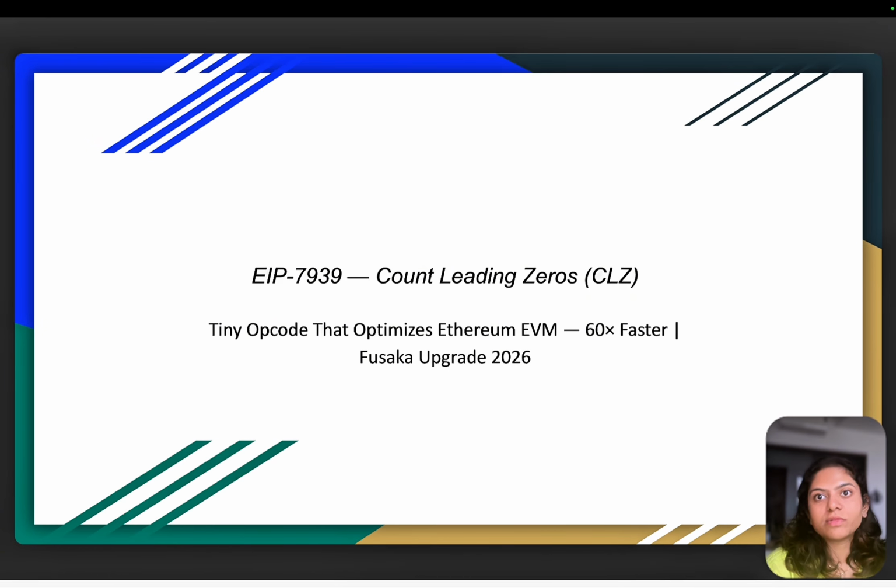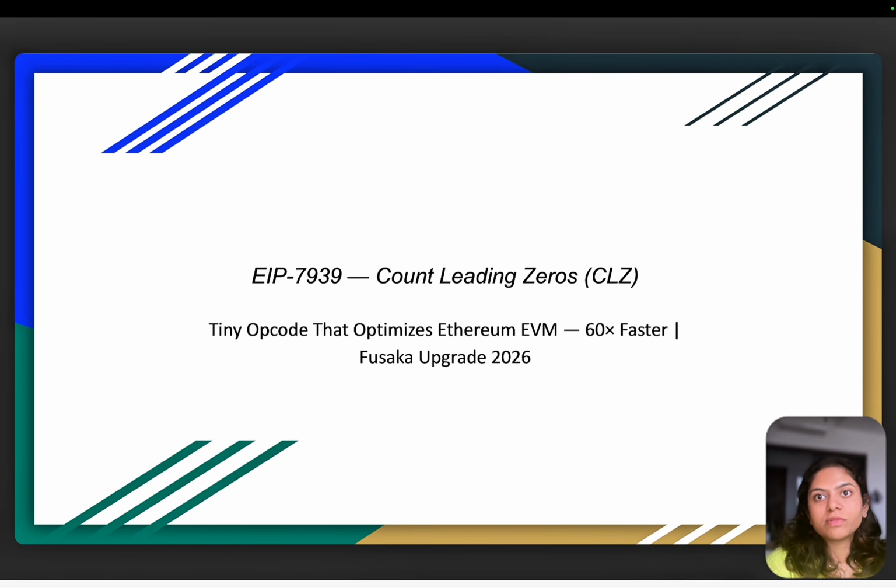The EVM is the engine that runs all smart contracts. The instruction is called CLZ. In this EIP, the main thing is CLZ, and CLZ means count leading zeros. What does it do? You give it a 256-bit number, like one starting with 0 and all 0s with only the last bit being 1.